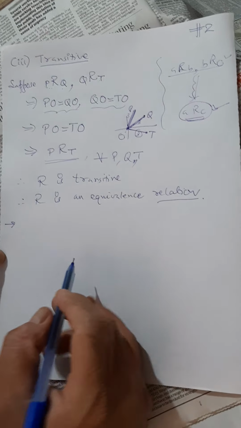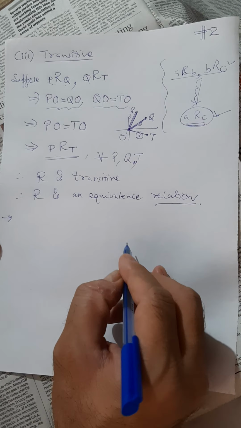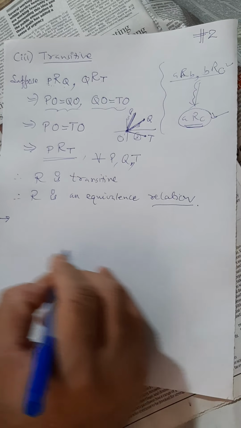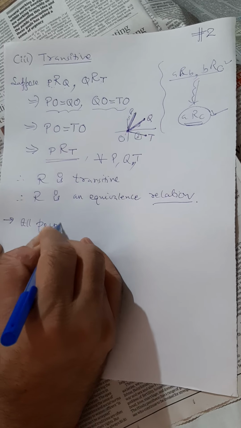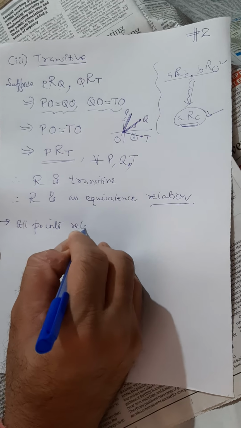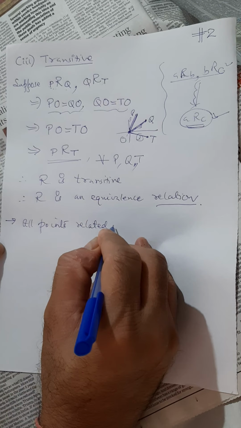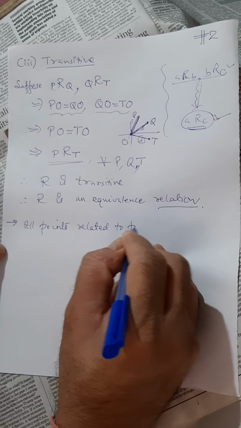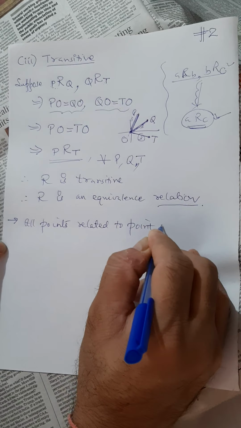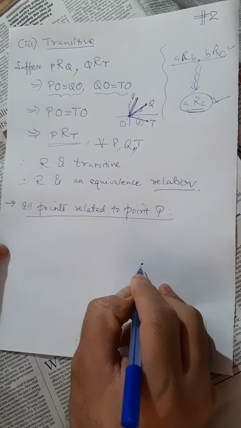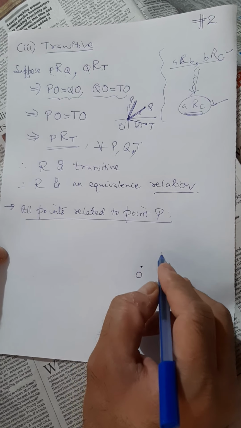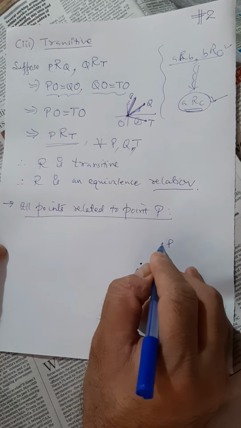Now in this question you are further asked for all points related to point P. So this is origin. Now P is at some distance from origin.